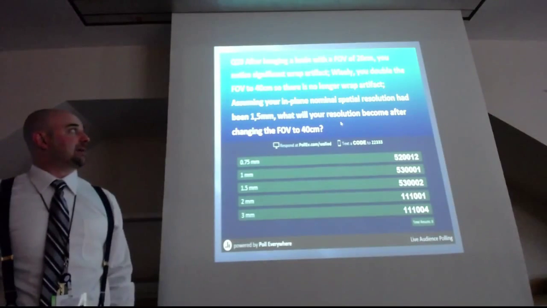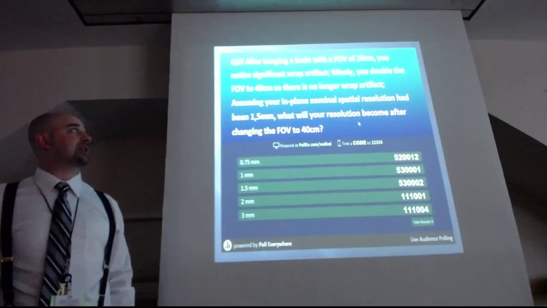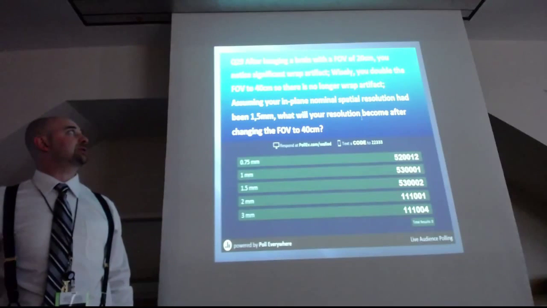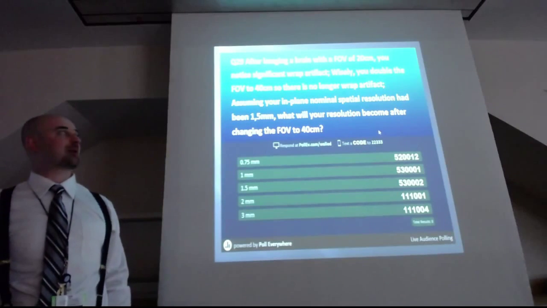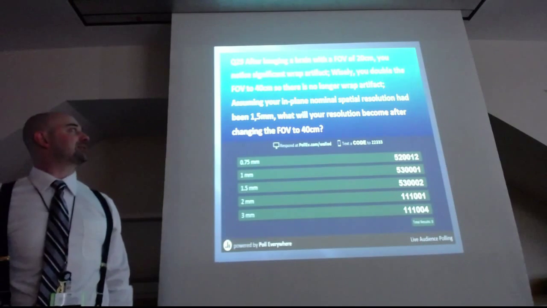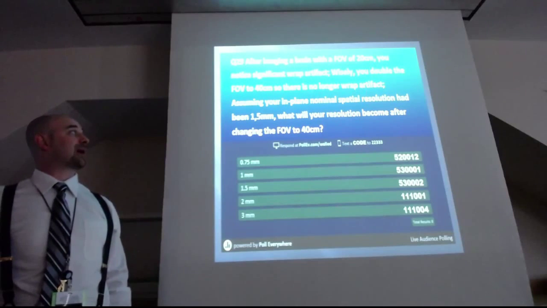Okay. After imaging a brain with a field of view of 20 centimeters, you notice a significant wrap artifact. Of course, since you're smart and you come to my lectures, you double the field of view to 40 centimeters so there is no longer wrap artifact.